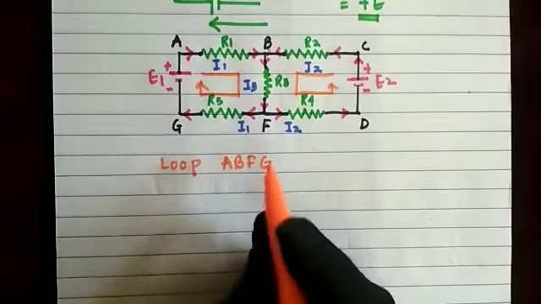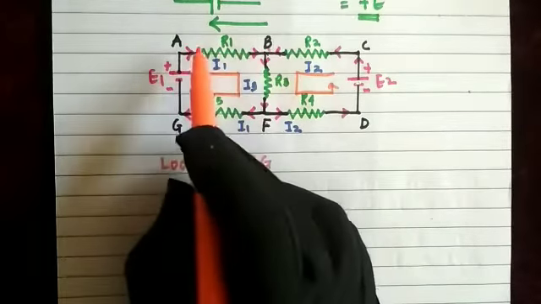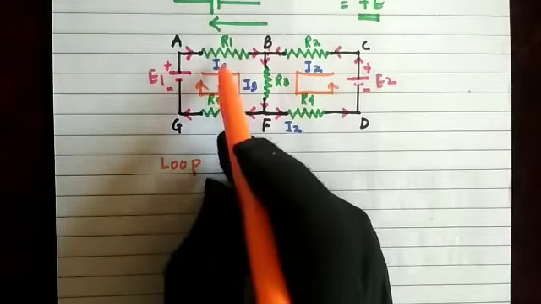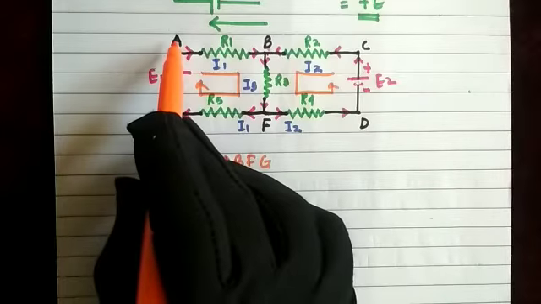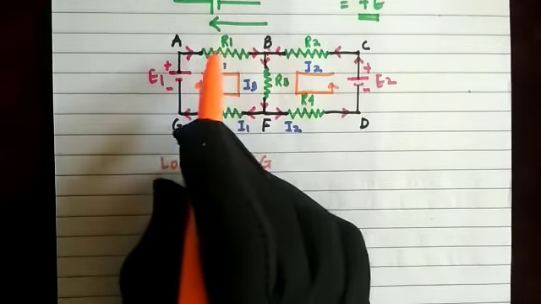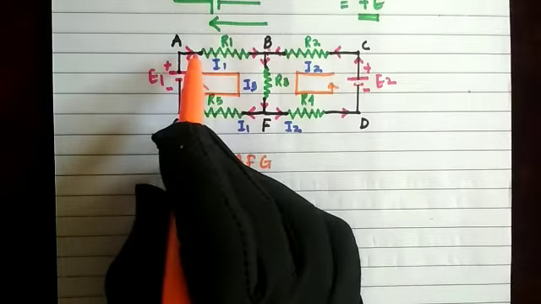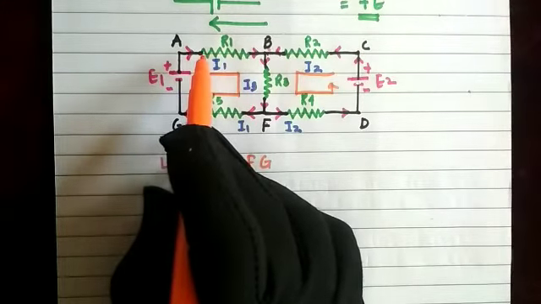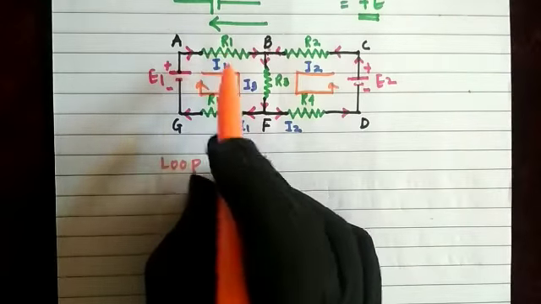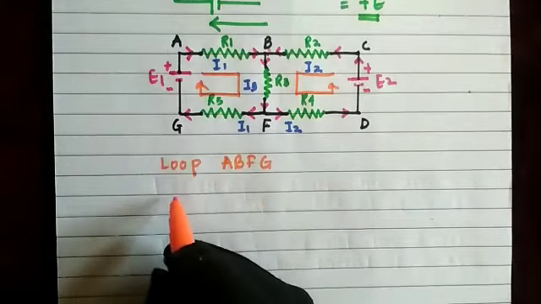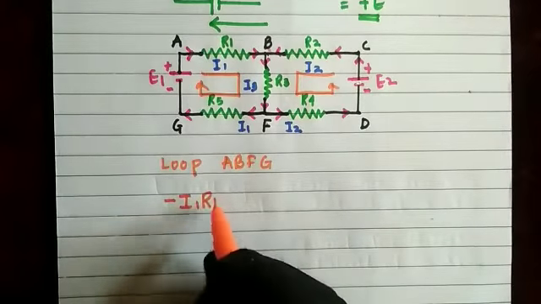Okay, so let's start. Start from A to B. A to B we have I1 and R1 here, and our tracing direction is A to B. You can see the direction of the current also. If our tracing direction is the same as the direction of the conventional current, our potential difference will be negative. So it will be minus I1 R1.